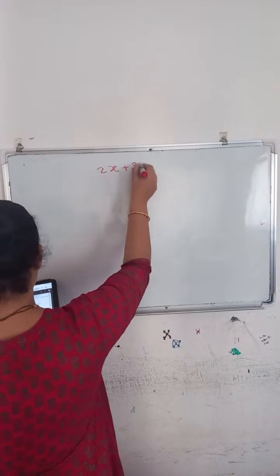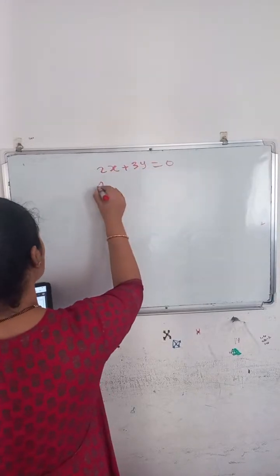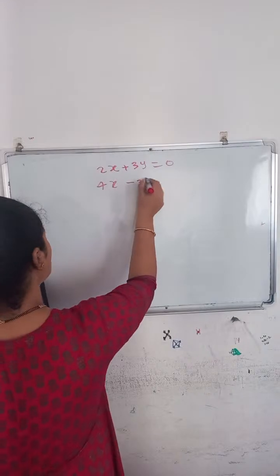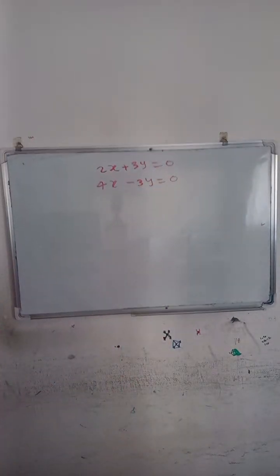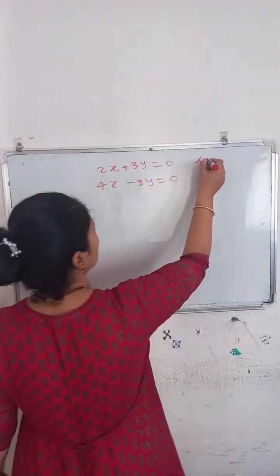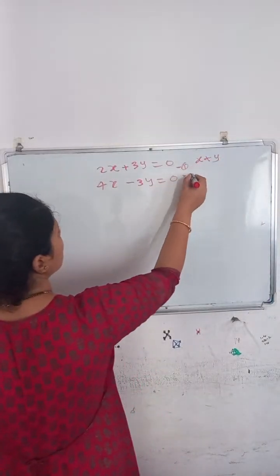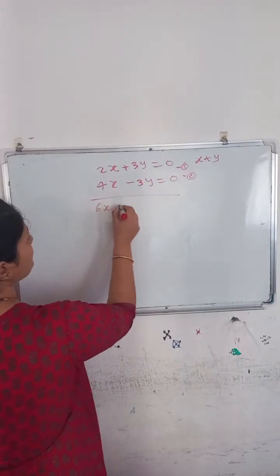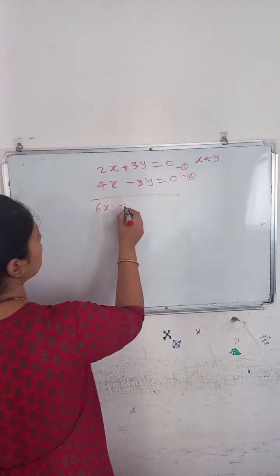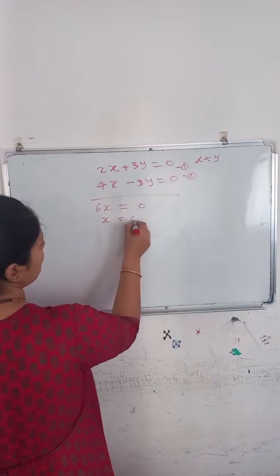2x plus 3y is equal to 0 and 4x minus 3y is equal to 0. So they are asking the value for x plus y. If I take this as 1 and this as 2, directly you can add these equations. So this is 6x and the right side becomes 0, so x is also 0.